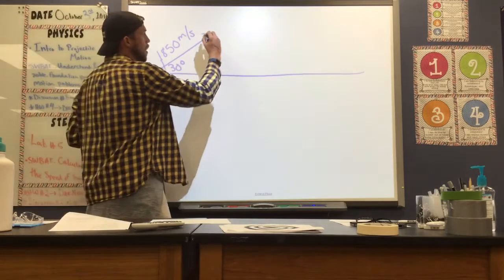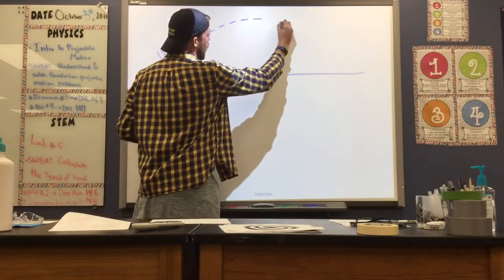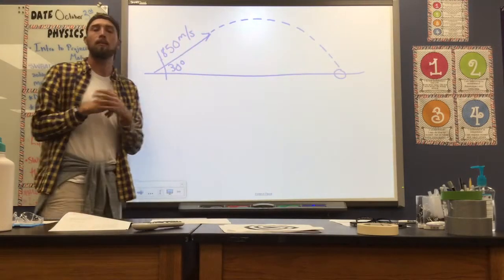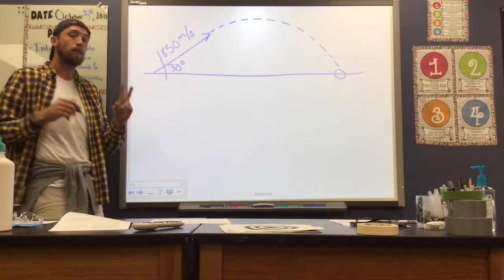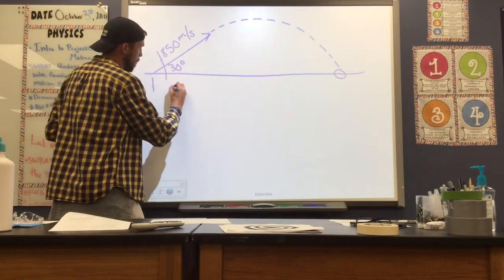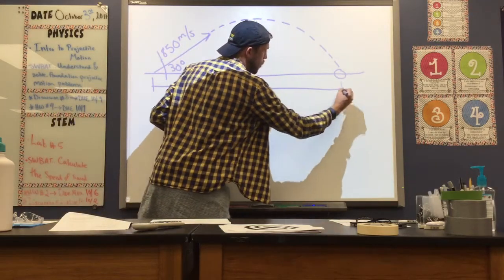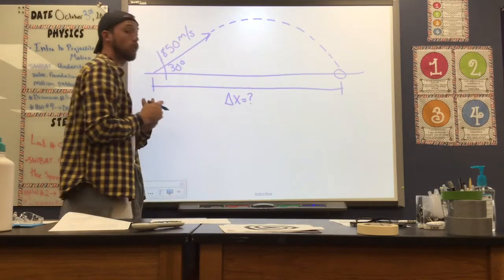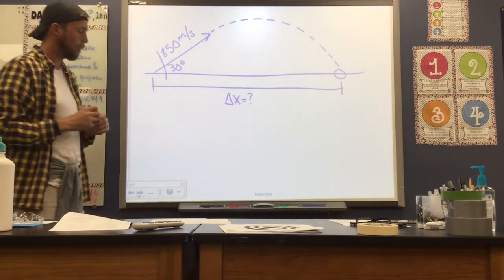And what we were told was that our projectile was just going to travel along its trajectory, and at some point hit the ground again. In this part number 2, we're asked for how far that object travels horizontally. Remember that term range just describes a horizontal distance. So now we're looking for how far our object travels horizontally.